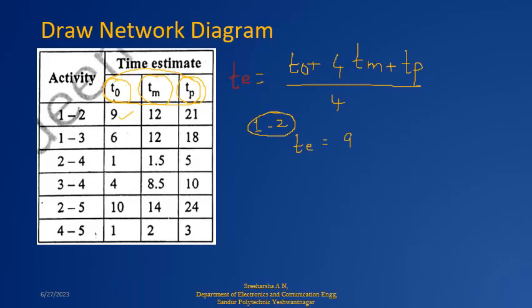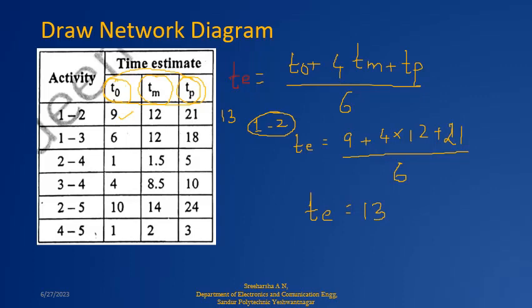So 9 plus 4 into the TM, which is 12, plus TP is 21, divided by, sorry, it should be 6 here, not 4, excuse me. So the formula is TO plus 4TM plus TP divided by 6. So if I calculate, I should get 13. So here I am writing 13 as my TE.